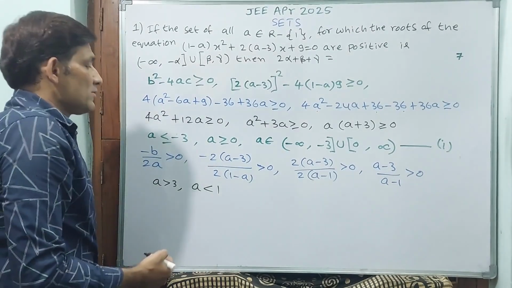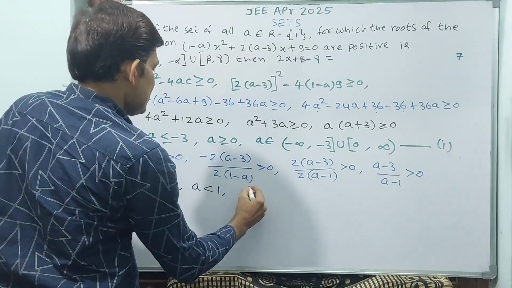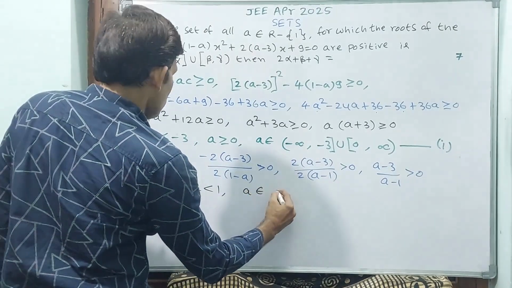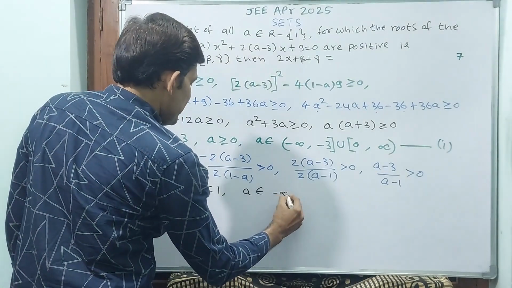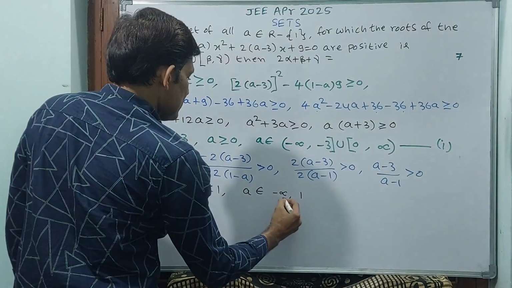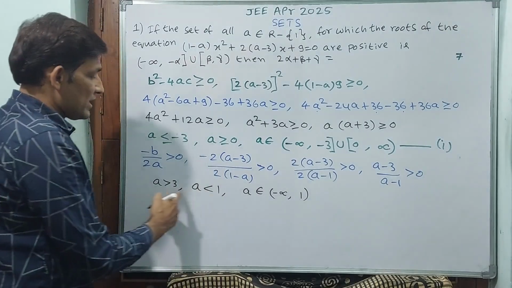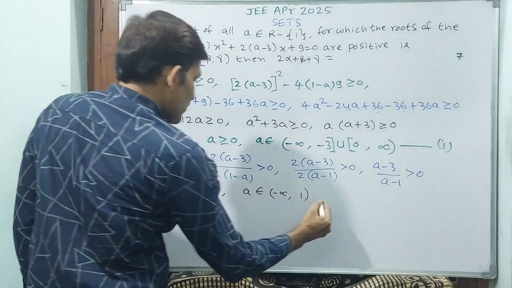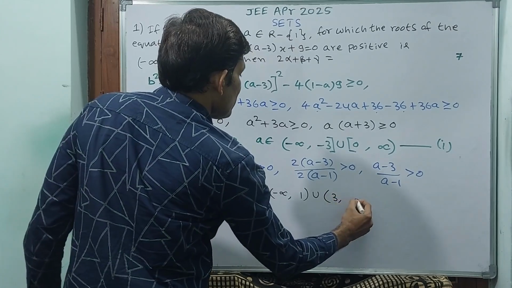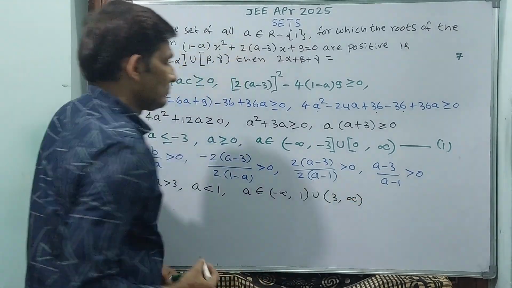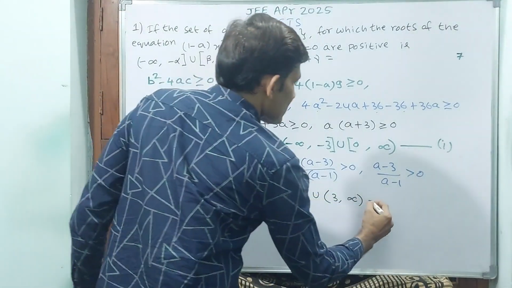How can you write this? a belongs to minus infinity to 1, both open intervals, since equal to I have not taken, union 3 to plus infinity. I am taking this as equation number 2.